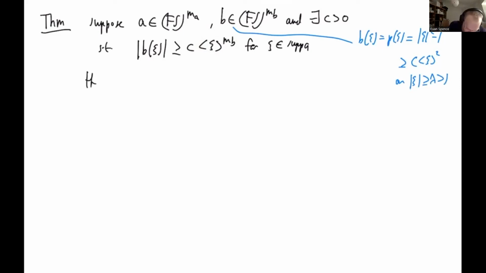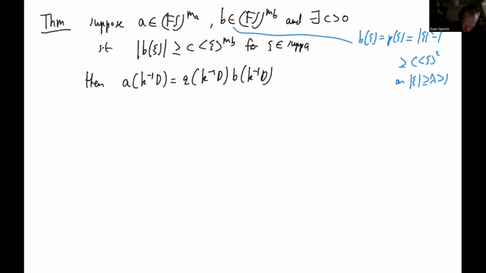So then the Fourier multiplier A can be written as Q times B, so I can factor out B from A, where this Q is a Fourier symbol of order MA minus MB, and such that Q of psi is just A of psi over B of psi.